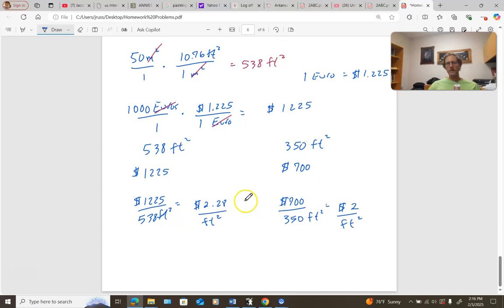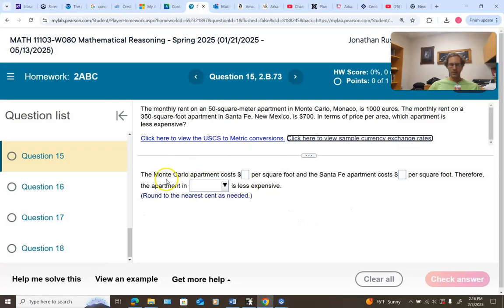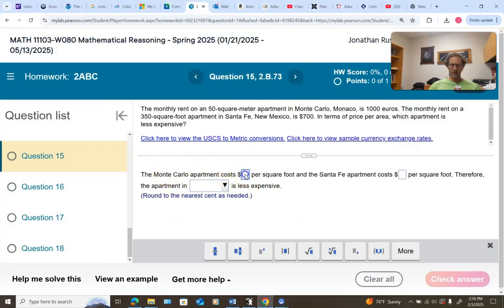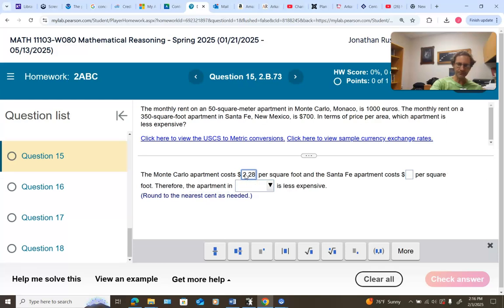Okay. All right, so looking at these, you can clearly see the apartment in Santa Fe is actually cheaper per square foot. Now we need to actually enter this data. So the Monte Carlo apartment costs $2, and I'll put in here 0.28. And then the one in Santa Fe is just $2 even per square foot.